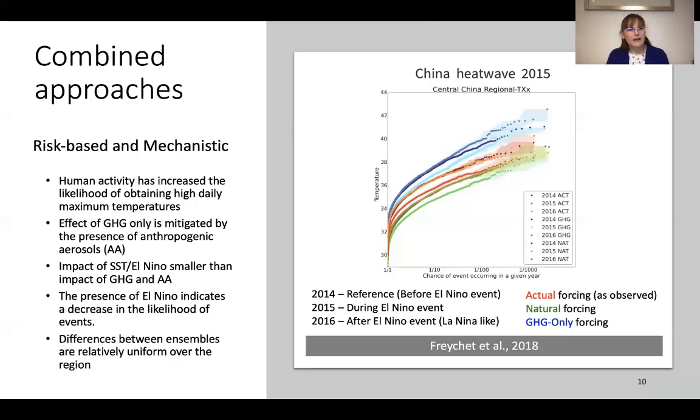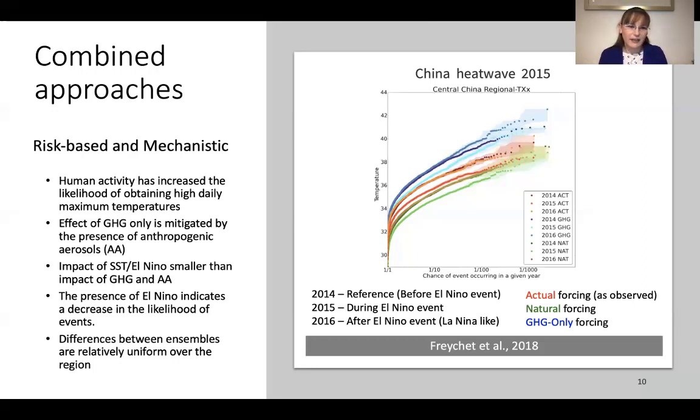And so we can see that perhaps, by not including the effect of anthropogenic aerosols, the warming may have been even worse in the greenhouse gas only simulations, so that actually the aerosols are present and mitigating the already existing effects of climate change.